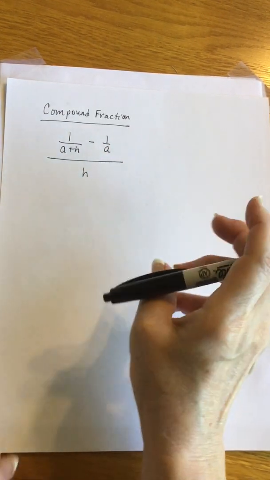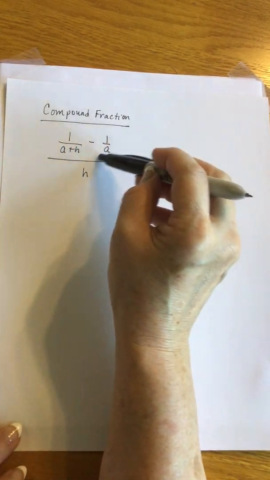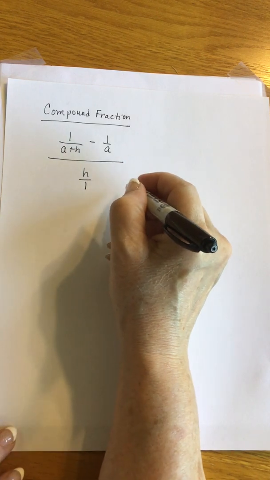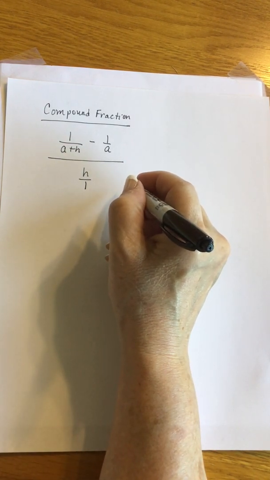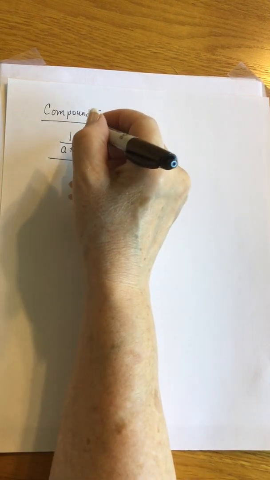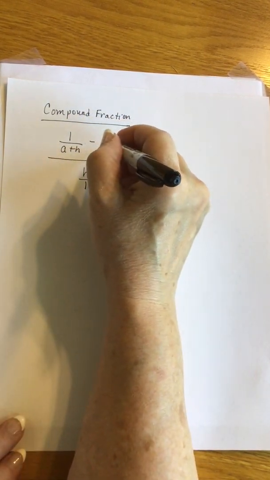We see two fractions. So this top part, we need a common denominator. The bottom part, we're going to write as h over 1 to make it into a fraction. A compound fraction is a fraction made up of fractions. So in order to put these two together, we have to have a common denominator again.